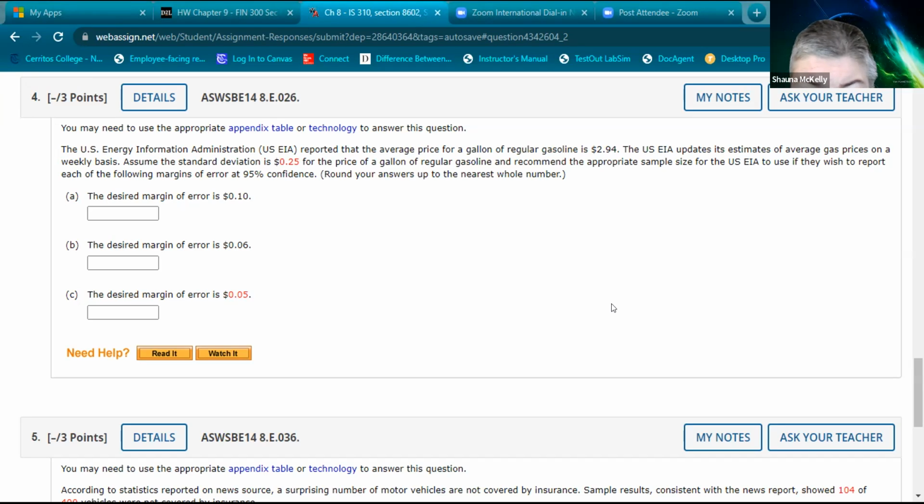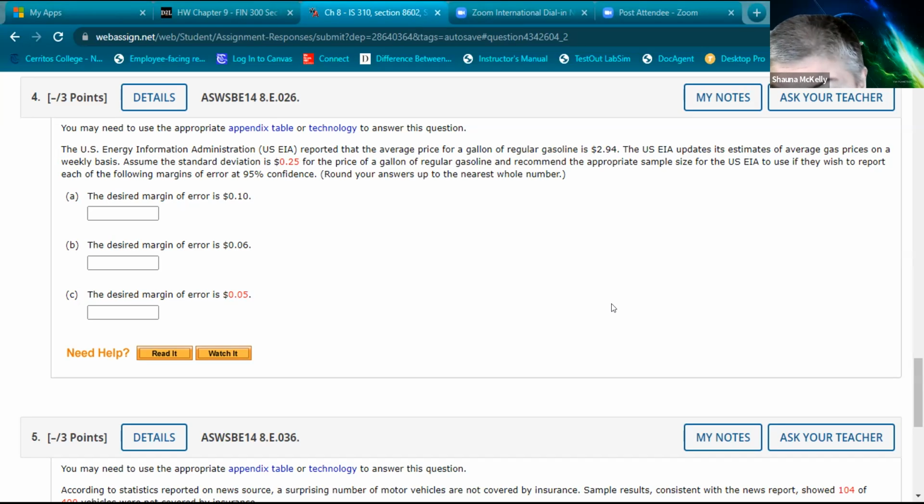So our standard deviation is 25 cents. That's our sigma. And it says that the desired margin of error is 0.10. So my X bar is going to be 2.94.